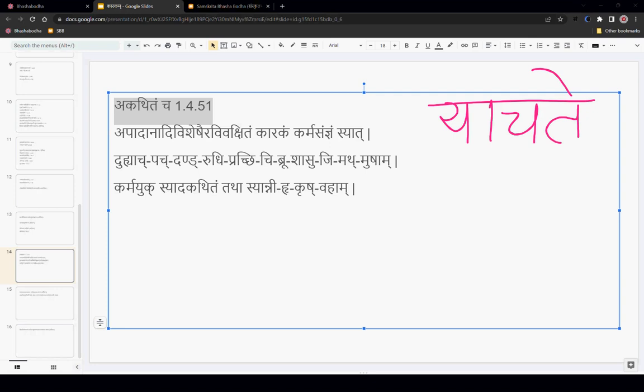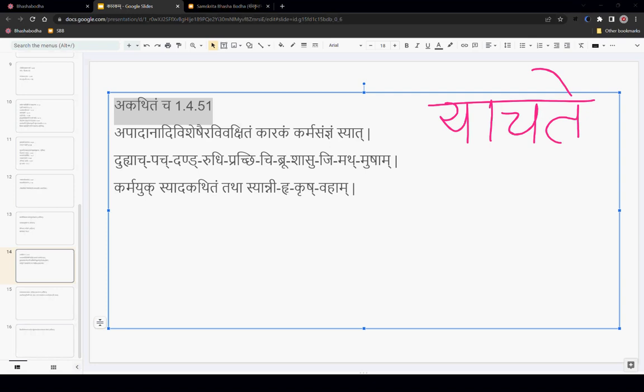So then it is a dvikarmaka dhatu, yach, and the one from whom the dhana is coming, originally supposed to be in Panchami, Apadana, alternatively gets Dvitiya Vibhakti because of karma.